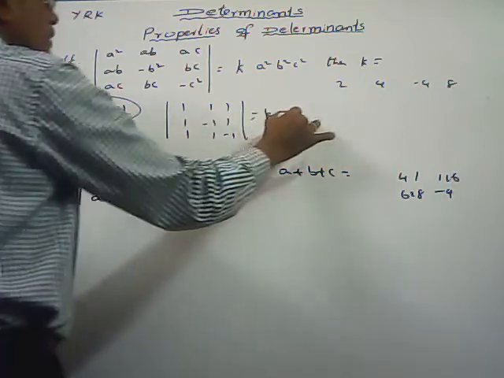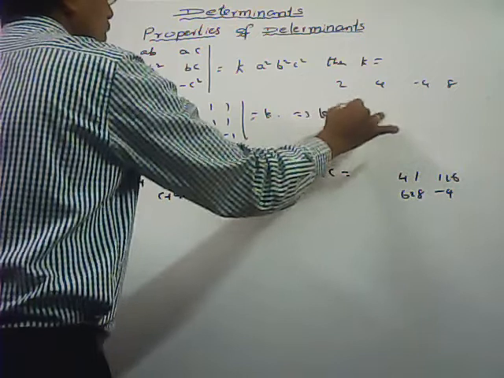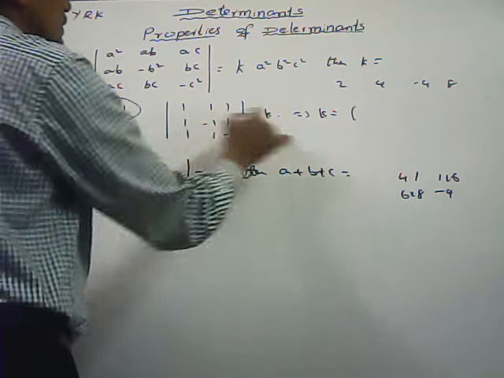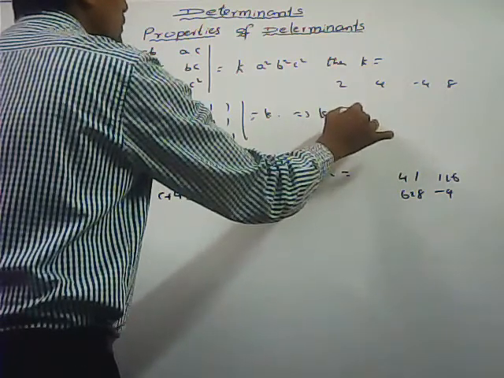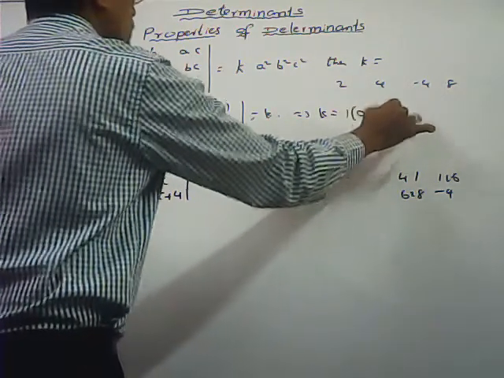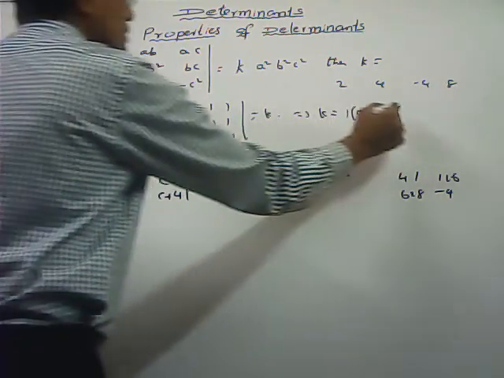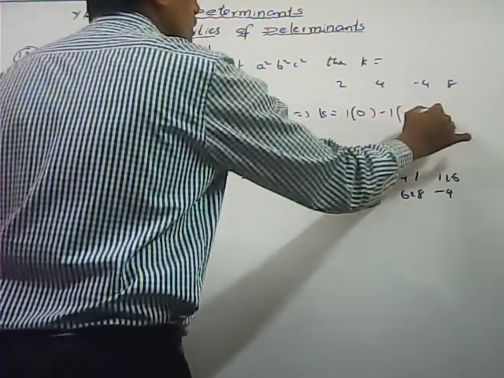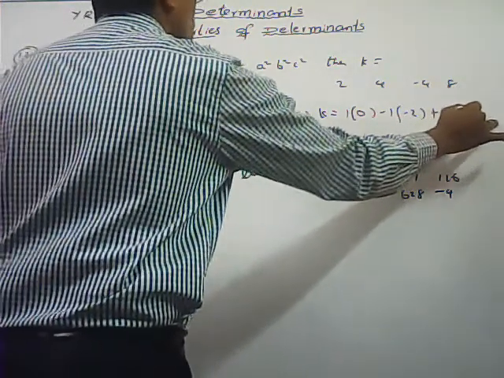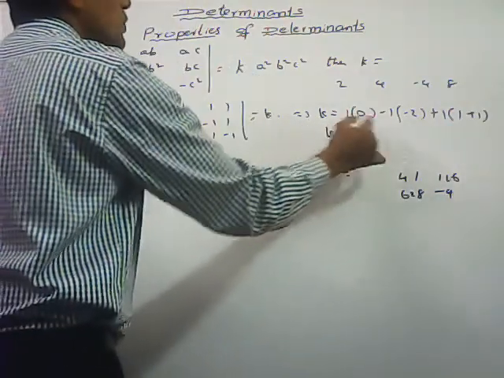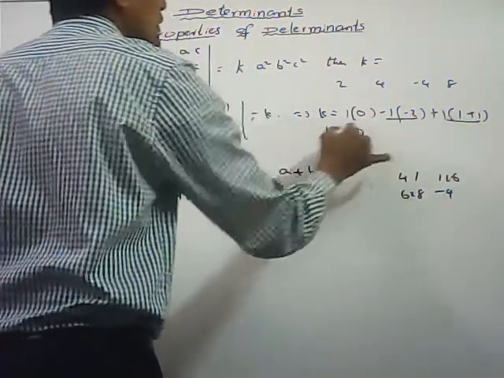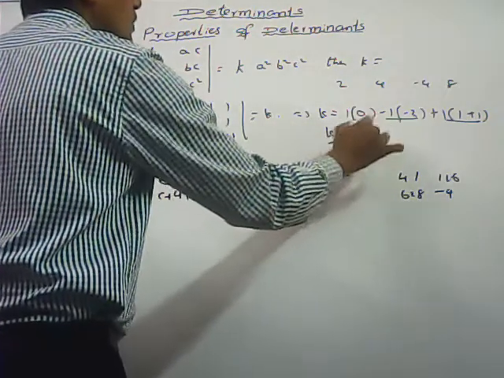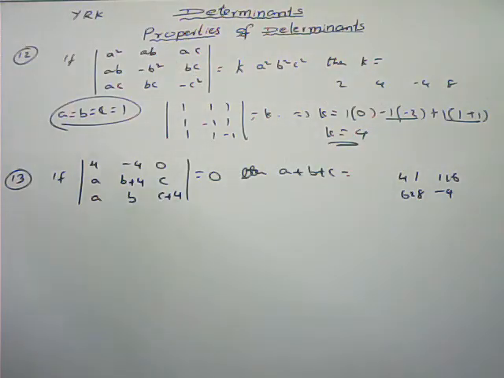Now this one we can expand. k equals 1 into (1 minus 1), that is 0, minus 1 into (minus 1 minus 1), that is minus 2, plus 1 into (1 plus 1), plus 1 into (1 plus 1). So k equals minus 2 minus... that is 2 plus 2, 4. Minus into minus plus 2, plus 2, 4.